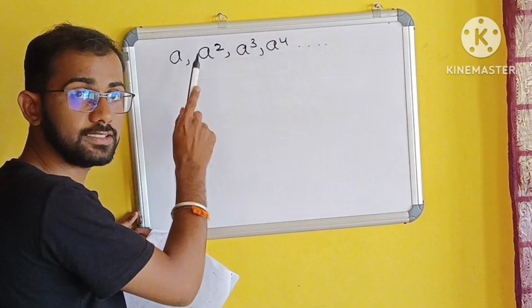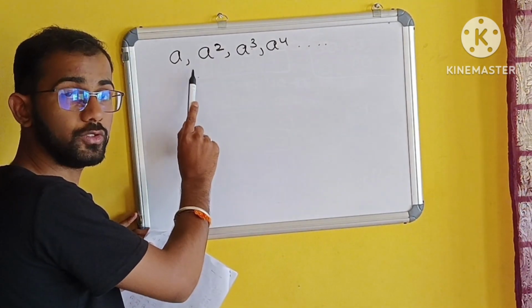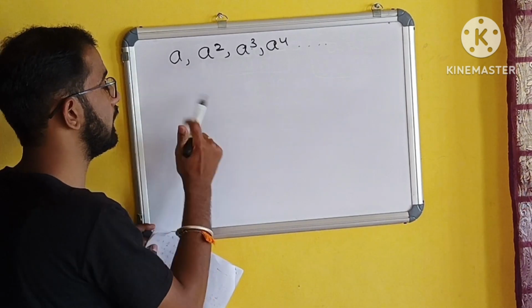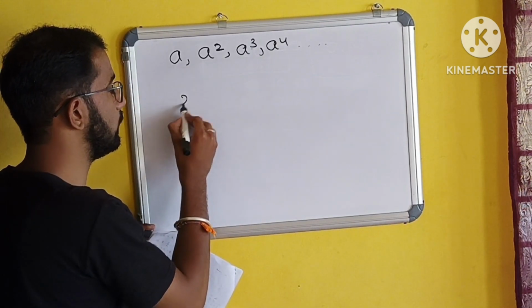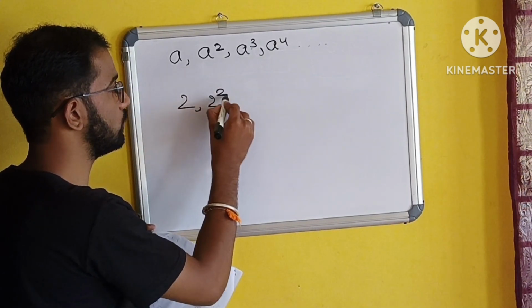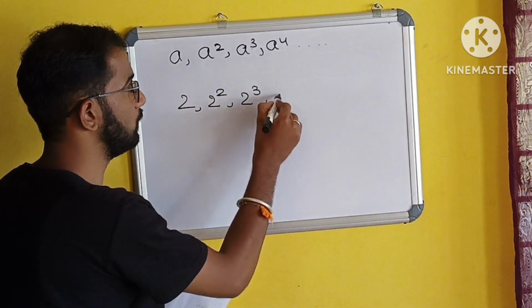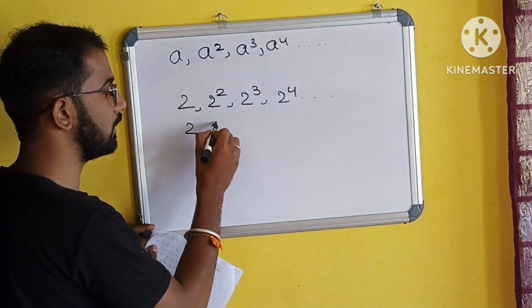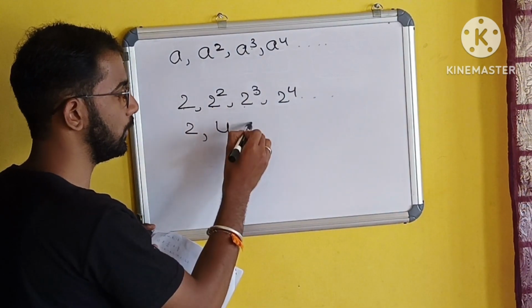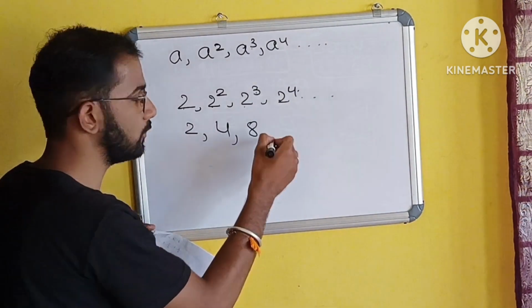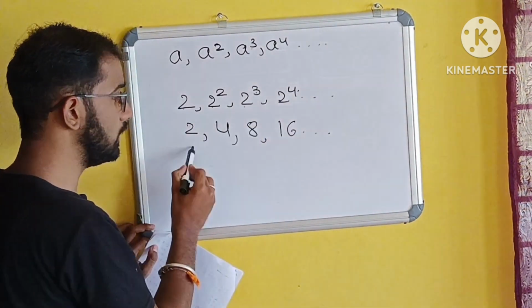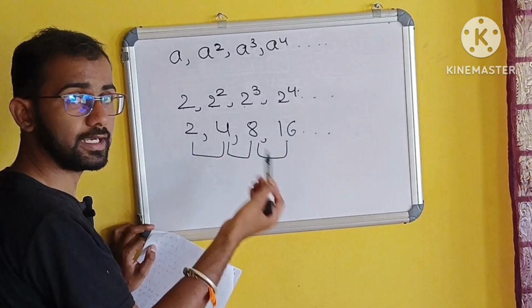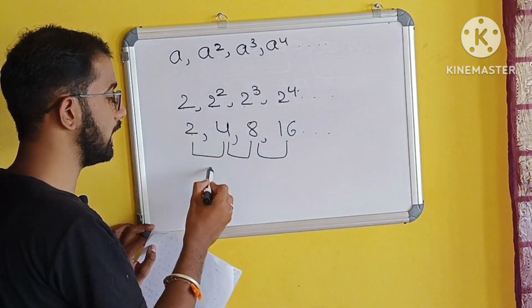Let's see why, taking an example: 2 square, 2 cube, 2 to the power 4. 2 square is 4, 2 cube is 8, 2 to the power 4 is 16. If you take the difference between these consecutive pairs, it is not the same. 4 minus 2 is 2, 8 minus 4 is 4, 16 minus 8 is 8.